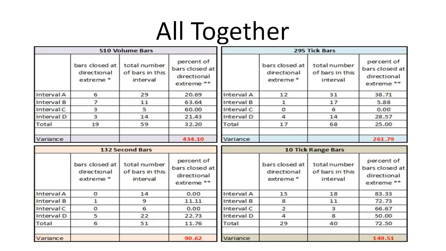Now, similarly, the ES, which is the most commonly traded market, the E-mini S&Ps, is, when you look at the charts, very often the most random in terms of where it closes. And this is true, I believe, because it is in fact the most popular market.